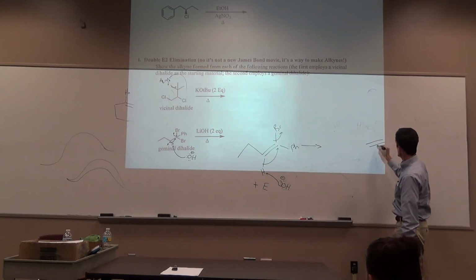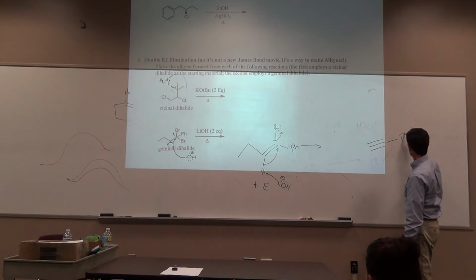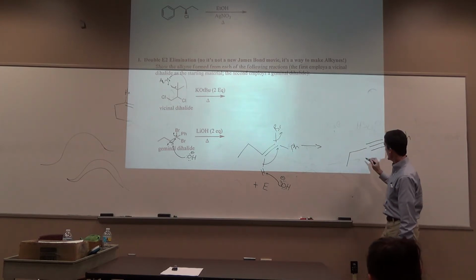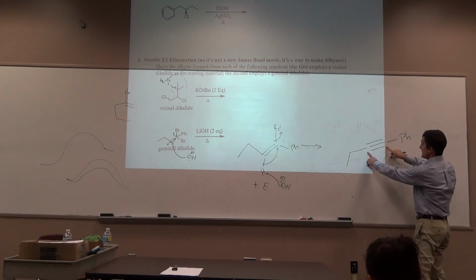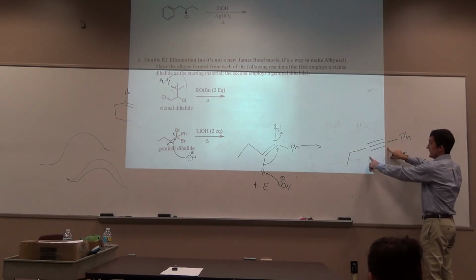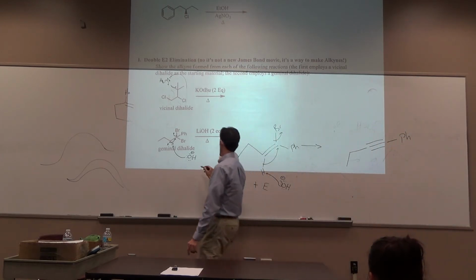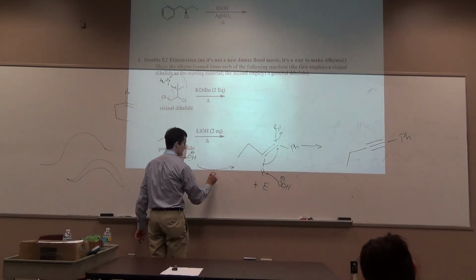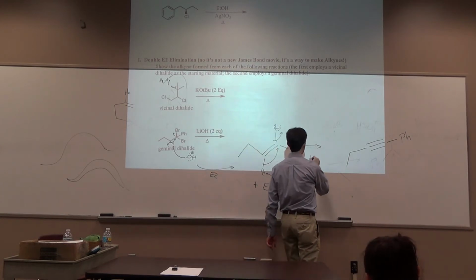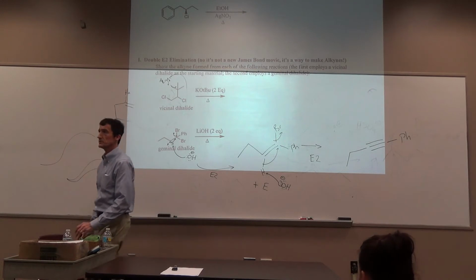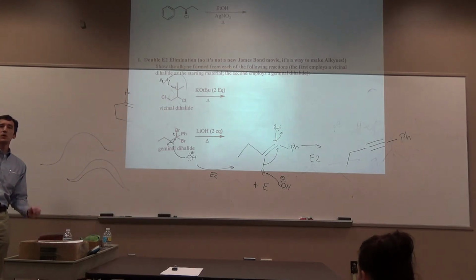Now we have a triple bond with a phenyl on one end and an ethyl on the other end. These two carbons are now linear, and we just made an alkyne by doing a double E2 elimination of the geminal dihalide.